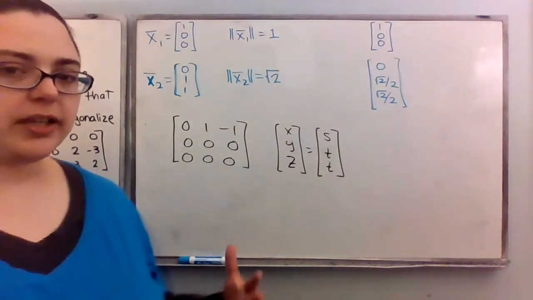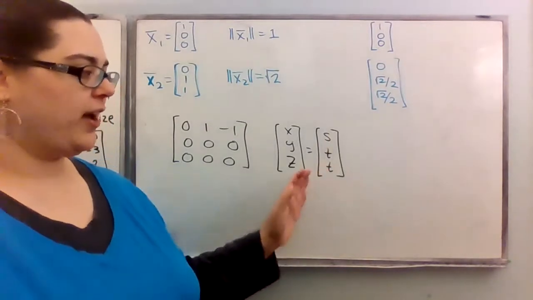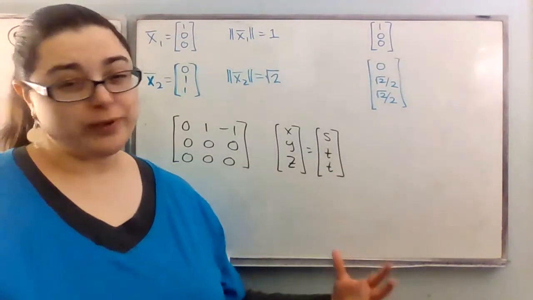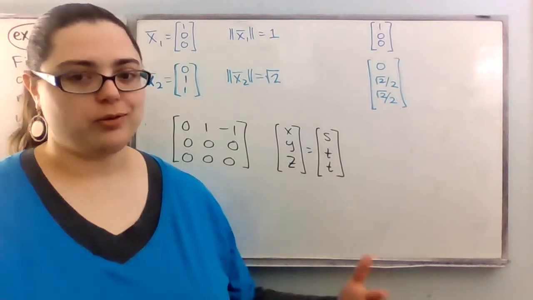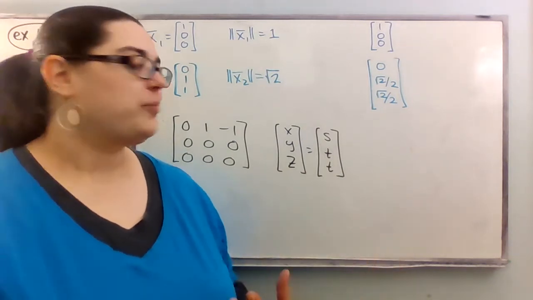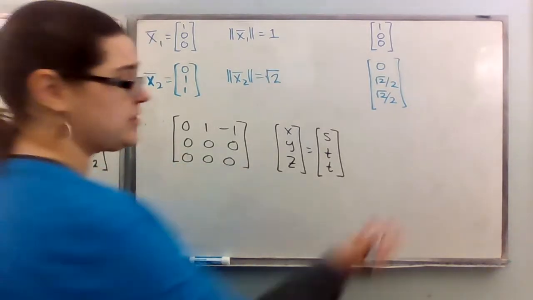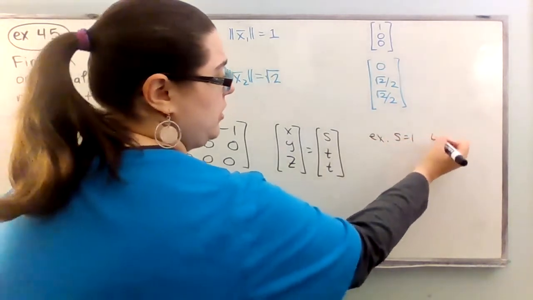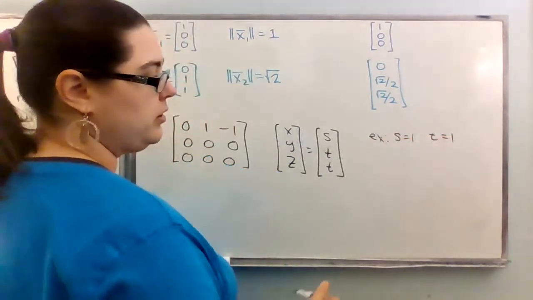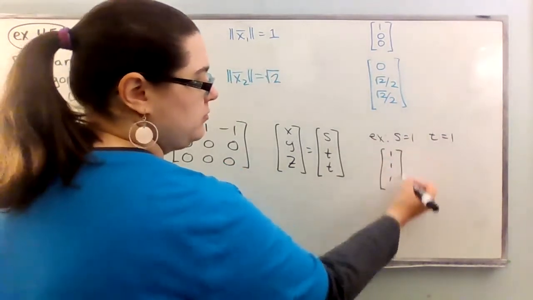Now, typically, when we have been finding our eigenvectors, we separate out s and t, and then what we're really doing is setting one of those values equal to 1 and the other one equal to 0. But you don't have to do that if you want to find eigenvectors. For instance, if I were to have s equal to 1 and t equal to 1, then I could get an eigenvector 1, 1, 1.